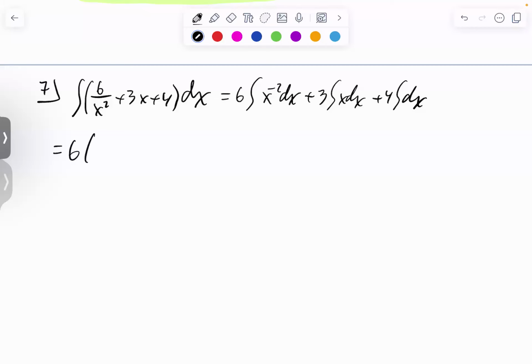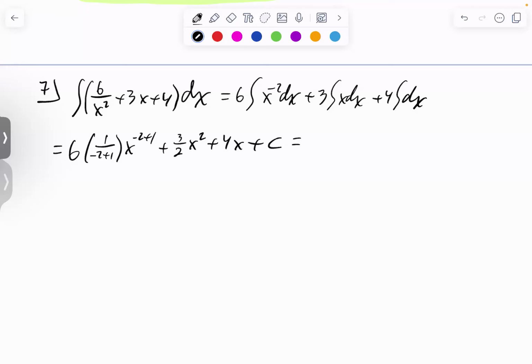And with this one, again, I'm going to take my time. Now, the integral of x becomes 1/2 x squared, so this becomes 3/2 x squared plus 4x plus my constant. And let's clean that up a little bit.